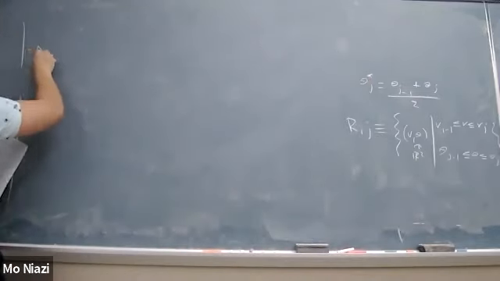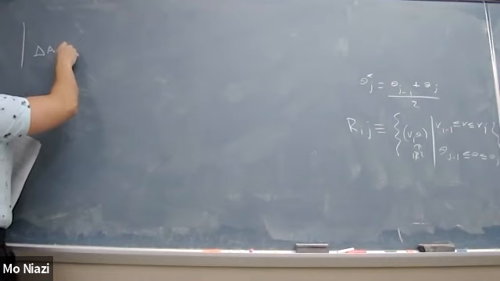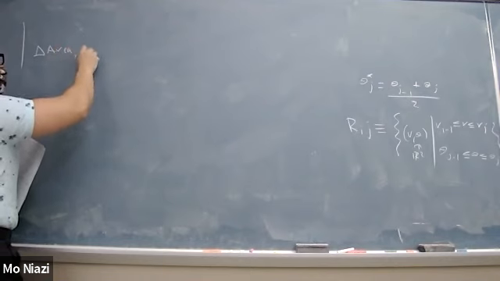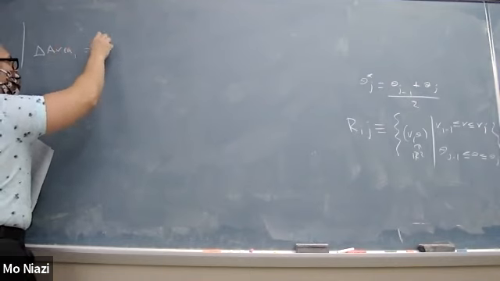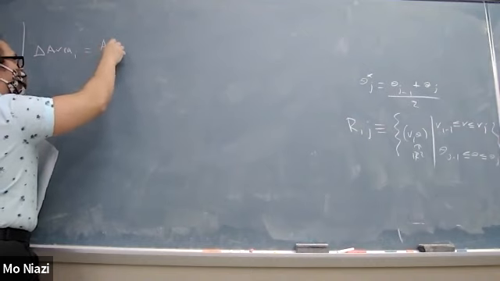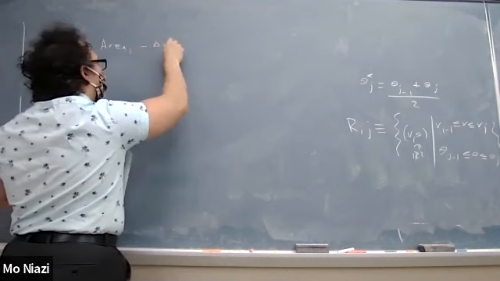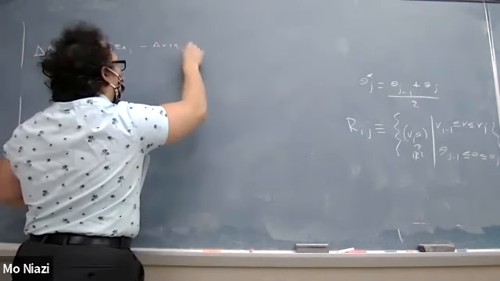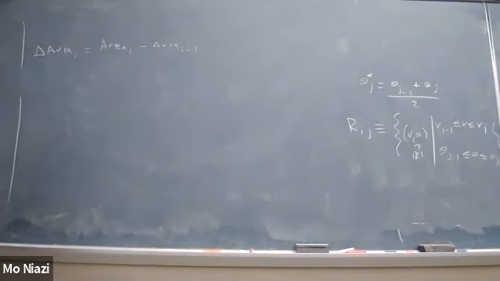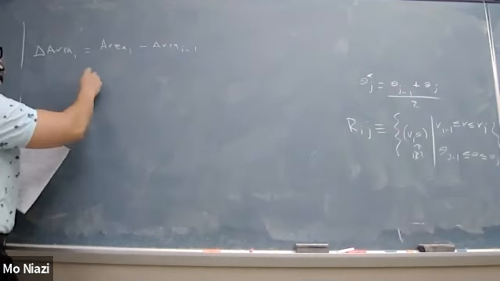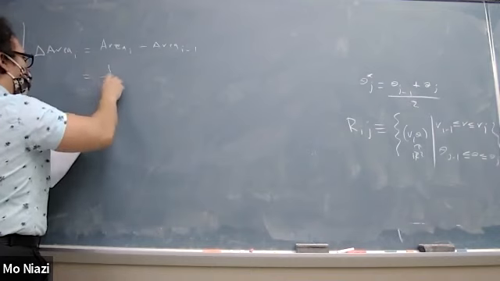So a differential piece of area is your area i minus area i minus 1, right? So this is the same thing as the area of a sector equation.